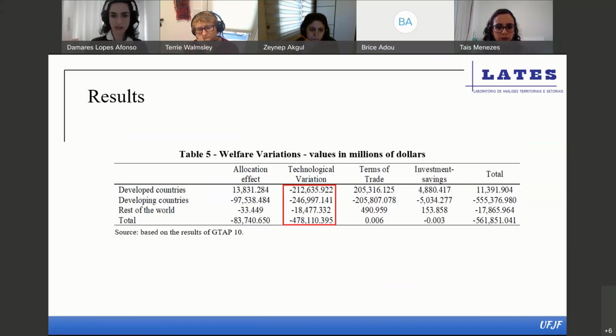Yes, because the presence of transaction costs on exports of manufacturing sectors from developing countries decreases their productivity, and it has an indirect effect in other regions through the increase in import prices. The welfare variations were positive only for developed countries, mainly due to the variation in terms of trade of this region. And the other regions of the model had welfare losses.